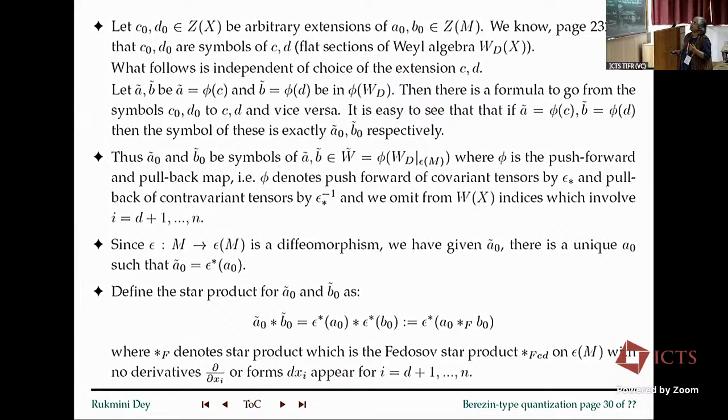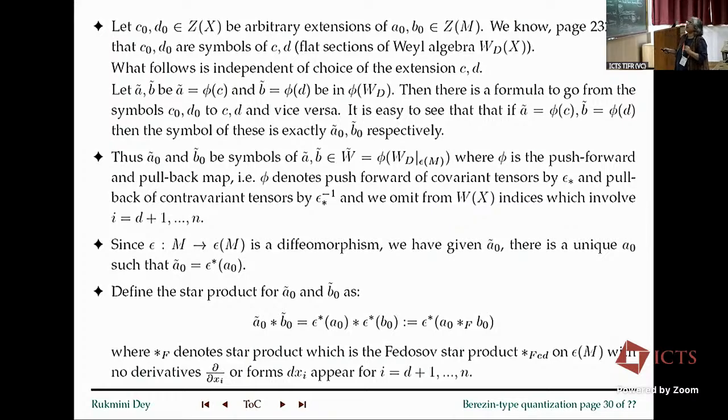A0 tilde and B0 tilde are the sections of the, so this phi operator just means I first restrict the flat sections to epsilon m, and then I take phi, which is like removing all the indices which involve d plus 1 to 2n, and phi also denotes the push forward of the covariant tensors by epsilon star and pull back by epsilon star inverse of the contravariant tensors.